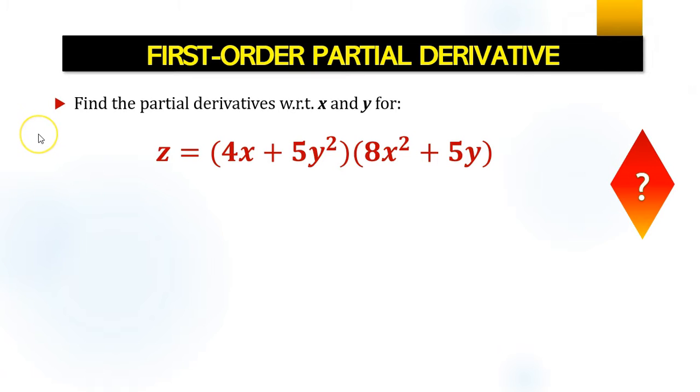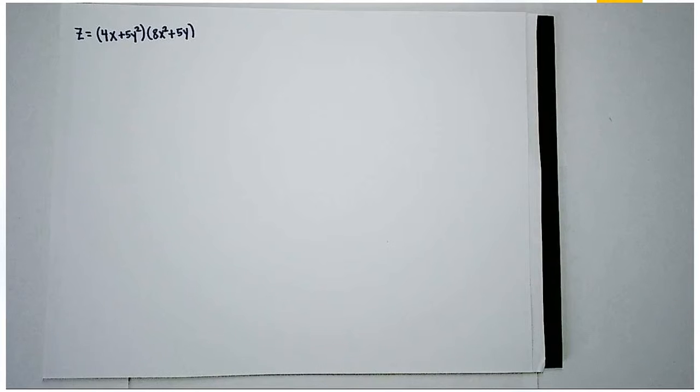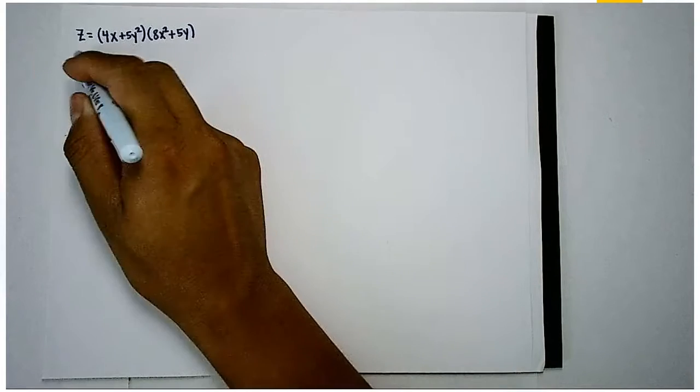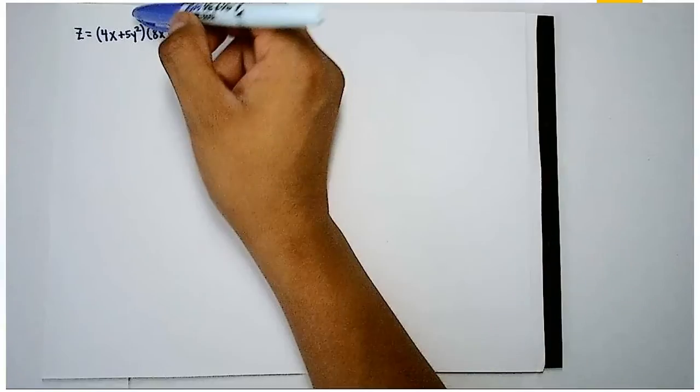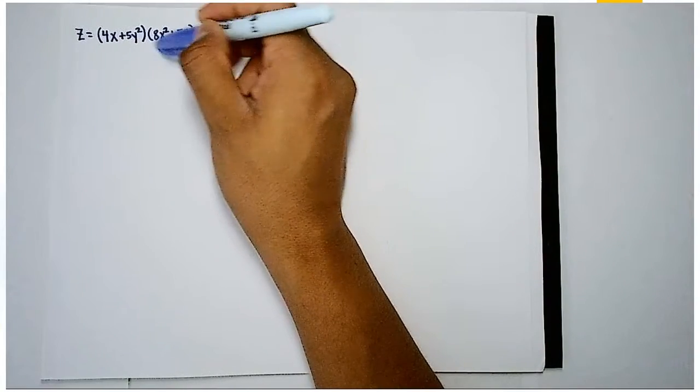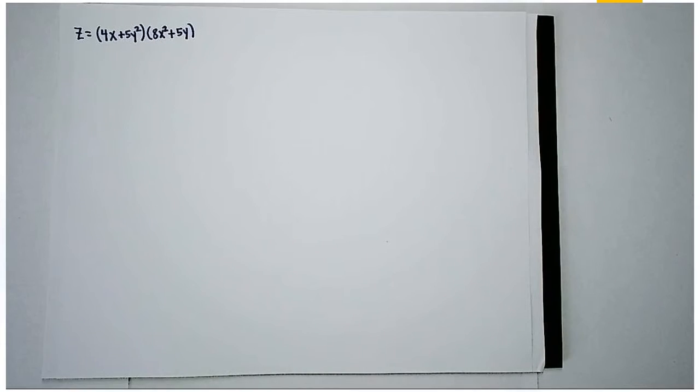In this first one, we want to take the partial derivative of this function with respect to x and then with respect to y. Notice that this is a product rule. To take the derivative of this function, notice that with respect to x, x appears in both factors.